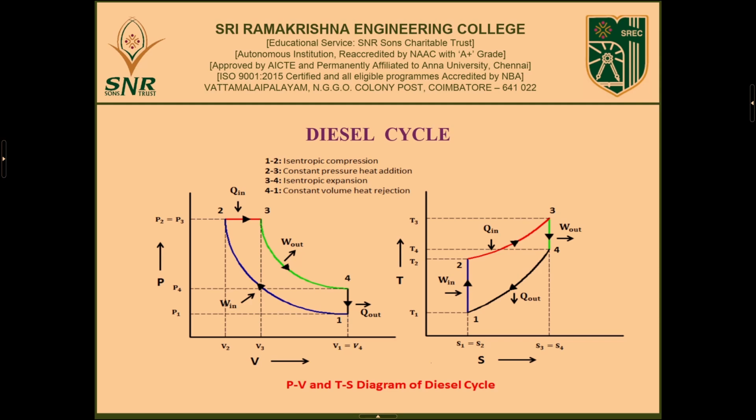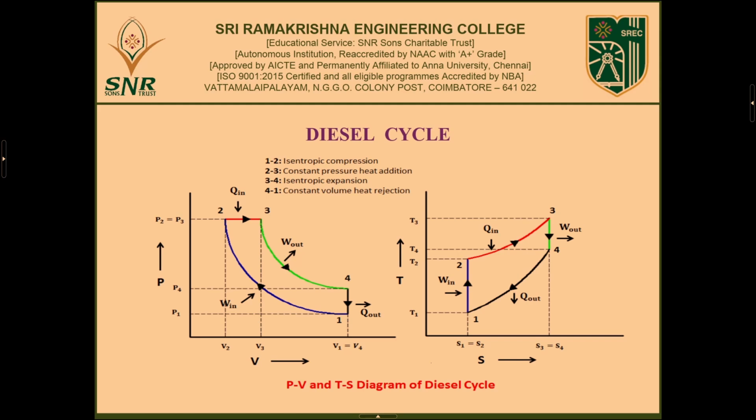You just compress your air and then heat is supplied at constant pressure. In the previous Otto cycle, heat was added at constant volume, whereas in the diesel cycle the heat is added at constant pressure. Then 3 to 4 is the isentropic or reversible adiabatic expansion, and 4 to 1 is the constant volume process.